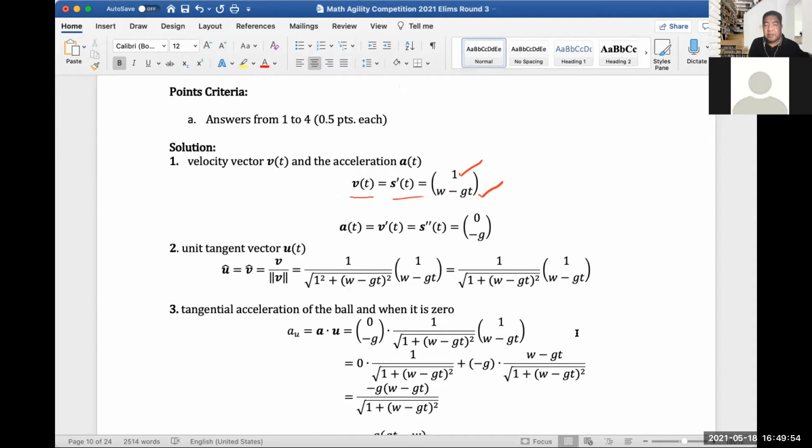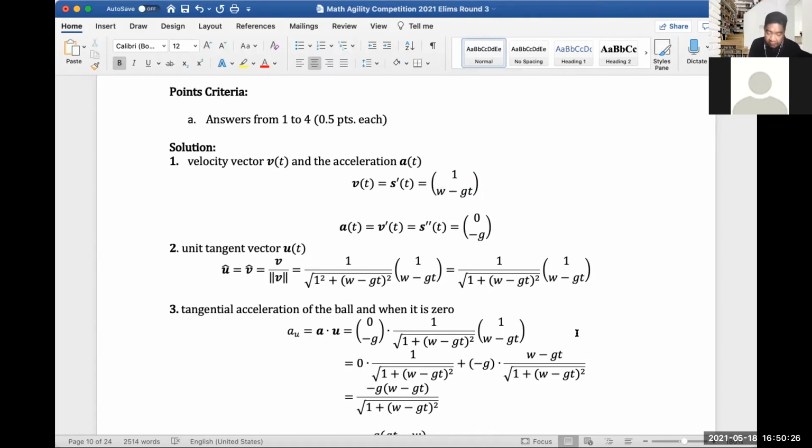For acceleration, that's the derivative of the velocity, or the second derivative of the displacement. Taking the derivative of 1 is 0, and the derivative of w minus gt would be just negative g, with respect to t. w is a constant, so it's 0, and t would be equal to 1. So that's negative g here.